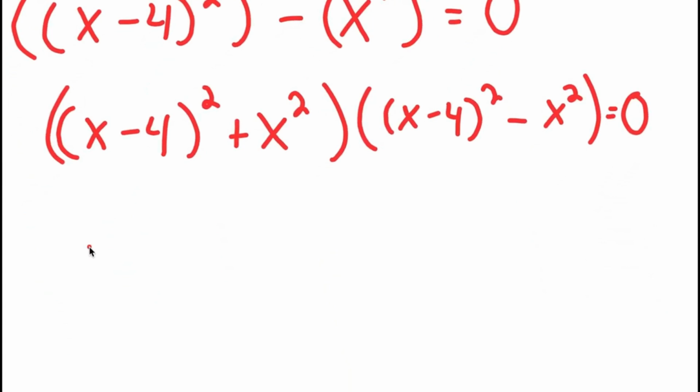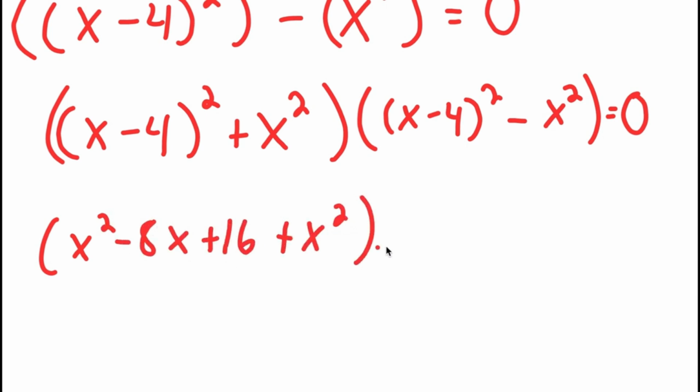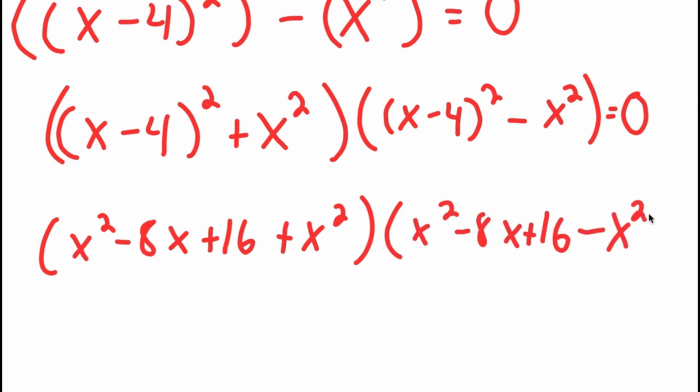And now, from here, I'm going to expand (x minus 4) squared, so I get (x squared minus 8x plus 16 plus x squared) times (x squared minus 8x plus 16 minus x squared), which is equal to 0.